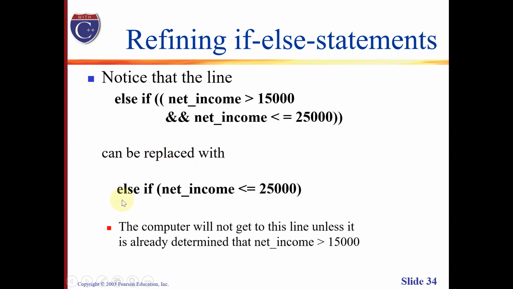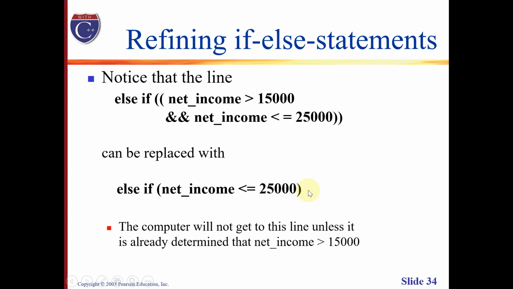Instead, we can simply put one condition. Instead of having net income is greater than 15,000 and net income is less than or equal to 25,000, we can simply indicate net income is less than or equal to 25,000.